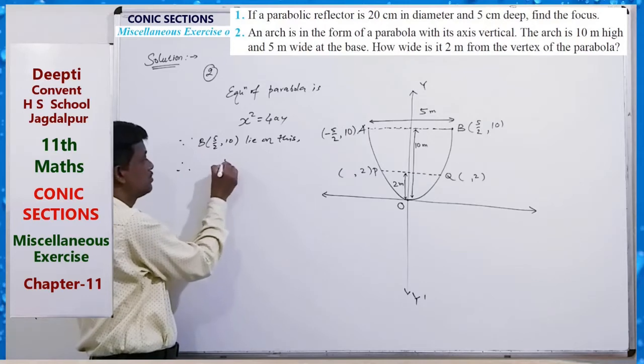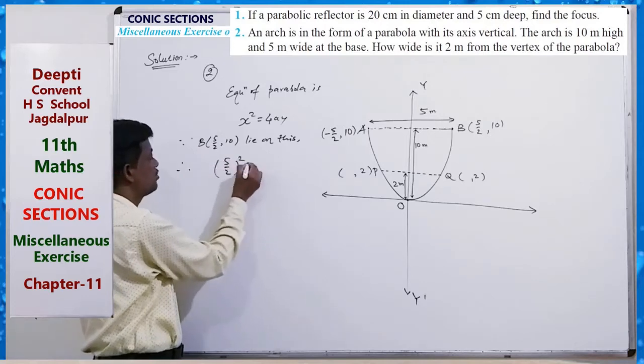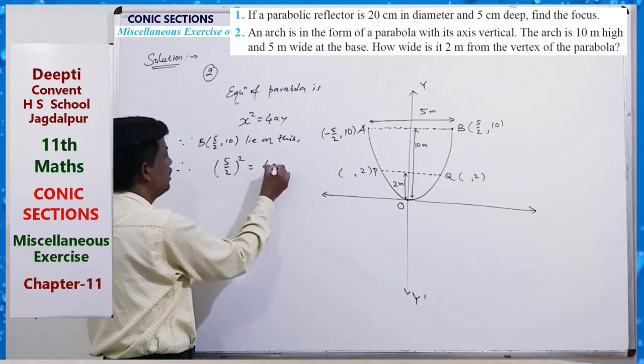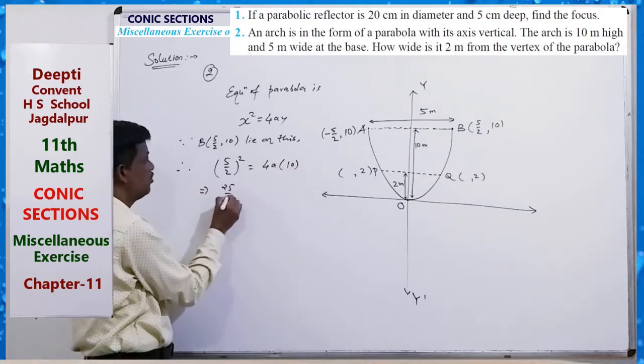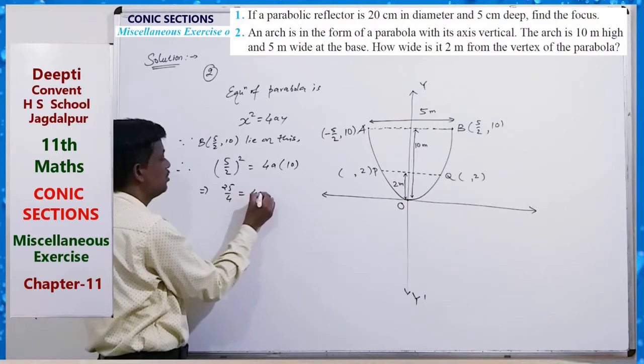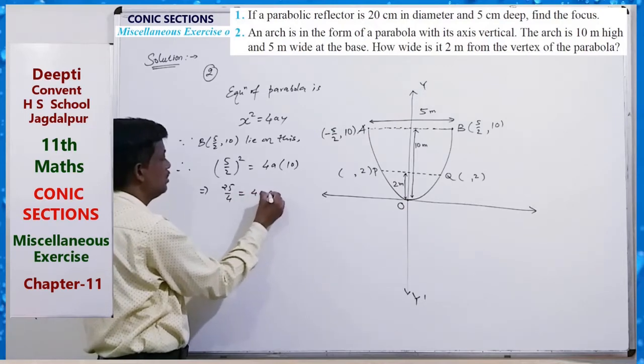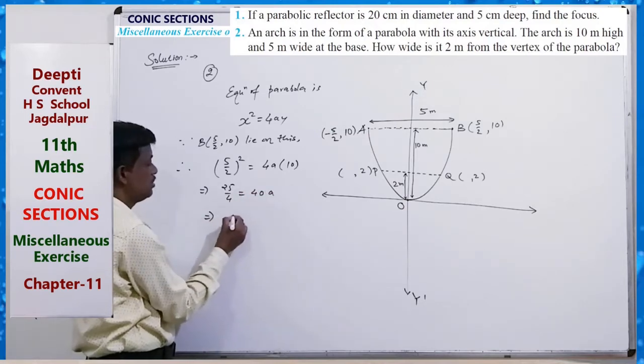Therefore, just put the values: (5/2) square equals 4a times y equals 10. So 25 by 4 equals 40a. So a equals to what?